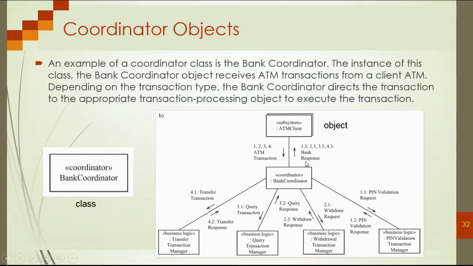Based on the user request, here we have another object, the subsystem, the ATM client. If the user, for example, requests a money transfer transaction, based on this request the coordinator will send a request to this object and then receive the output or the result from this object.